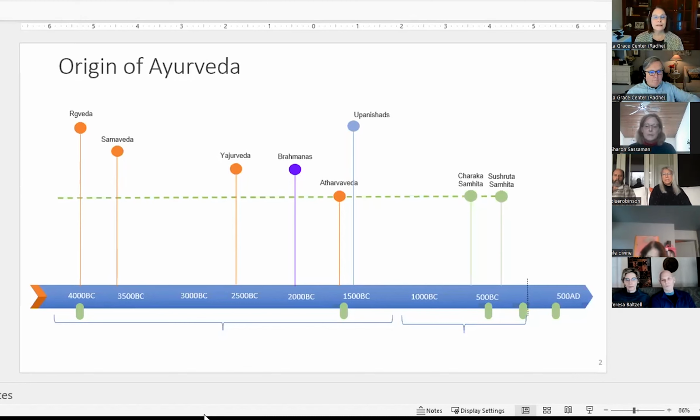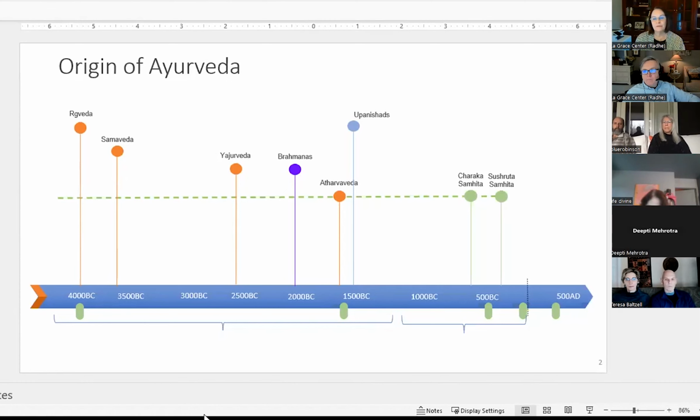But actually, if you go back to the Vedas, the earliest Vedas, here you see in orange: Rig Veda, Sama Veda, Yajur Veda, and Atharva Veda, the four orange ones. If you go back to the Atharva Veda, the fourth Veda, you'll see that this Veda was actually about health and healing, and even more than health and healing.